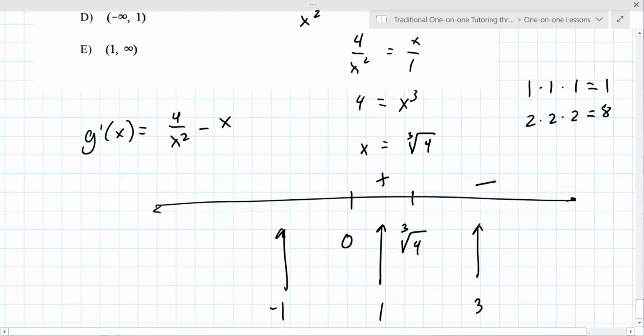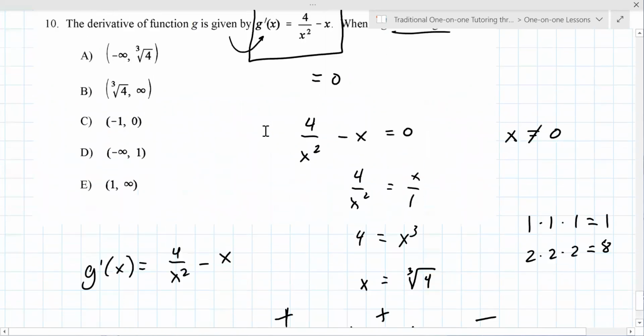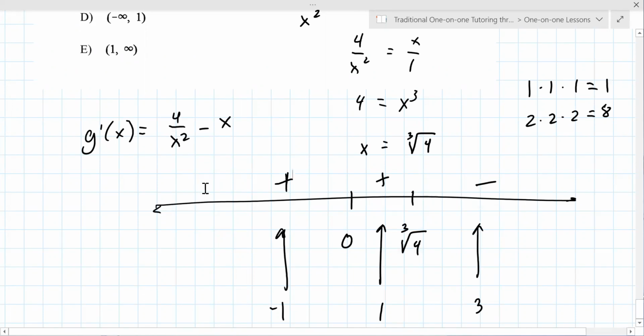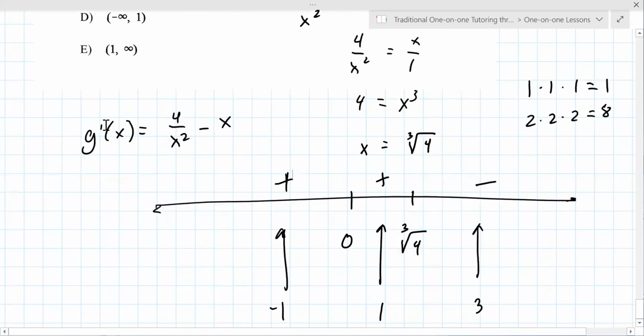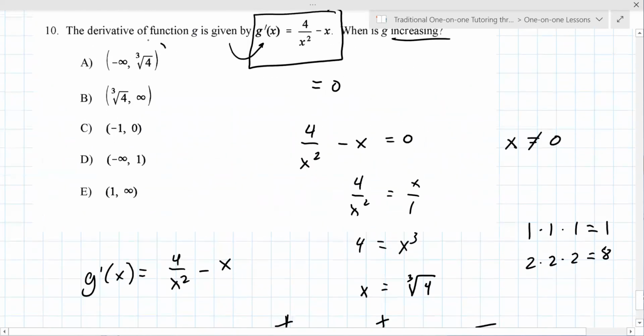And over here, you get 4 over 1 plus 1, so that's positive. What was it asking for, increasing? So it's increasing all the way from negative infinity to, but that's actually wrong. It should be excluding 0. This was probably written by someone that didn't take the time to look at all the possible solutions.